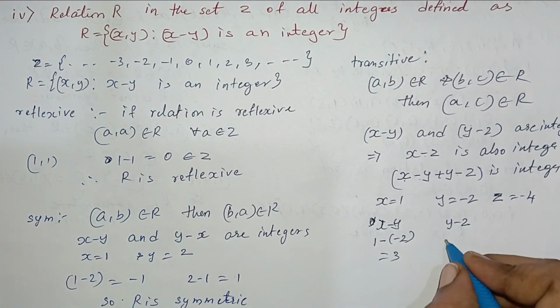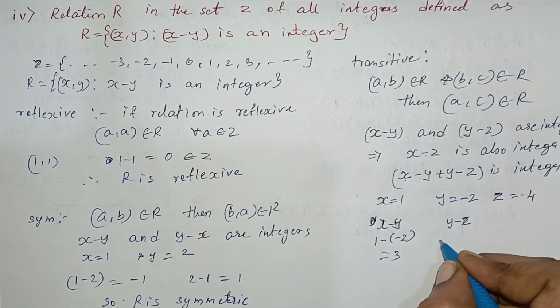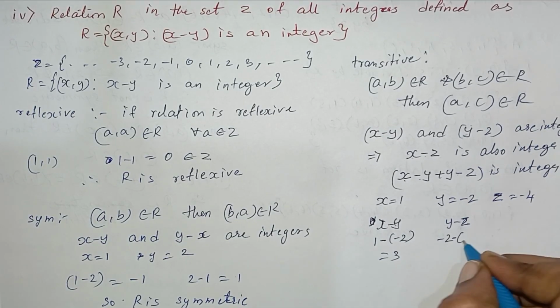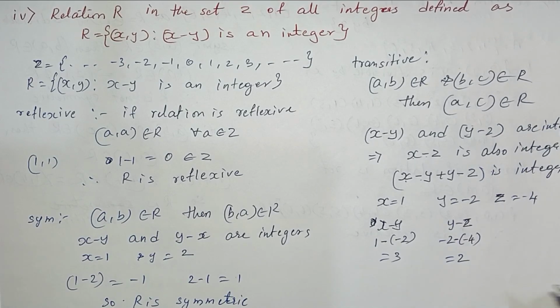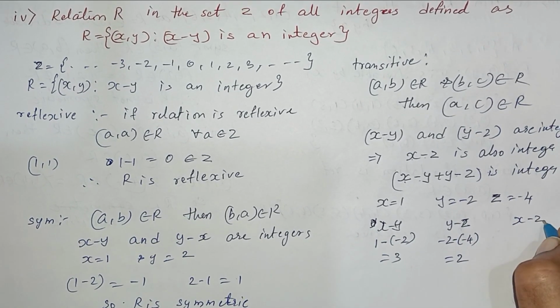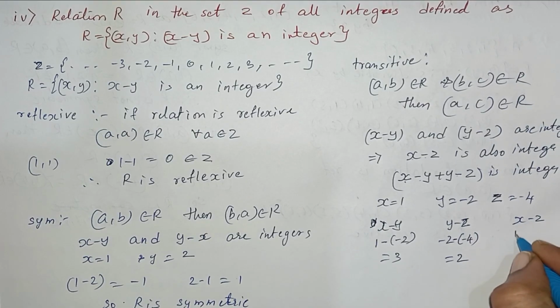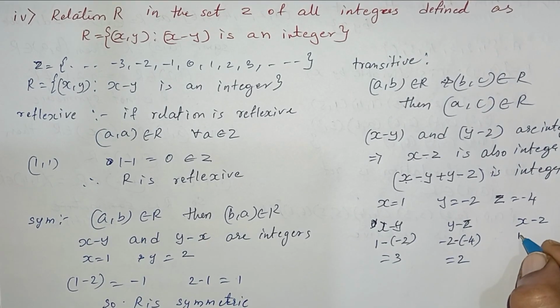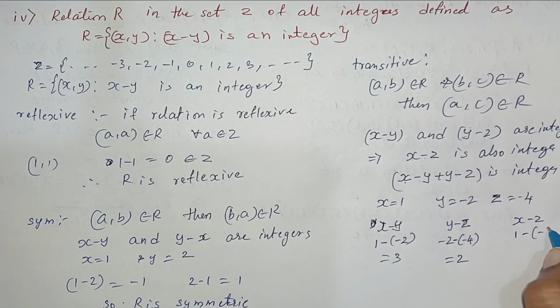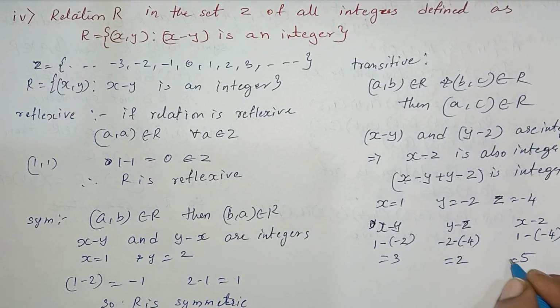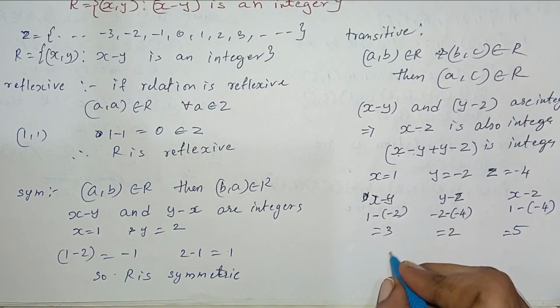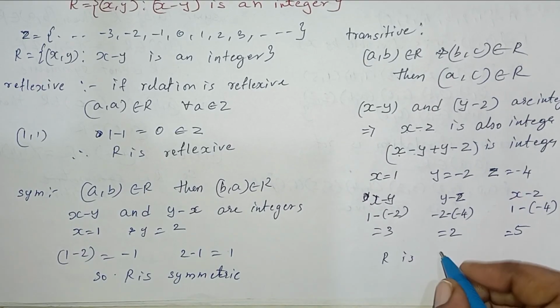Y is minus 2, then minus of minus 4. So how much will be my answer? It will be plus 2, an integer. Then x minus z is 1 minus of minus 4. So we get 5. So we can see that all are integers. So R is transitive.